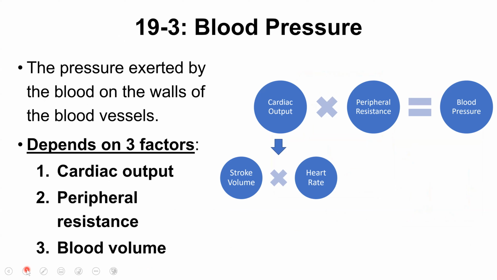So our third topic is blood pressure. And blood pressure, by definition, is going to be the pressure exerted on the walls of the blood vessels. And so what this means is I'm going to just draw a quick little picture here.